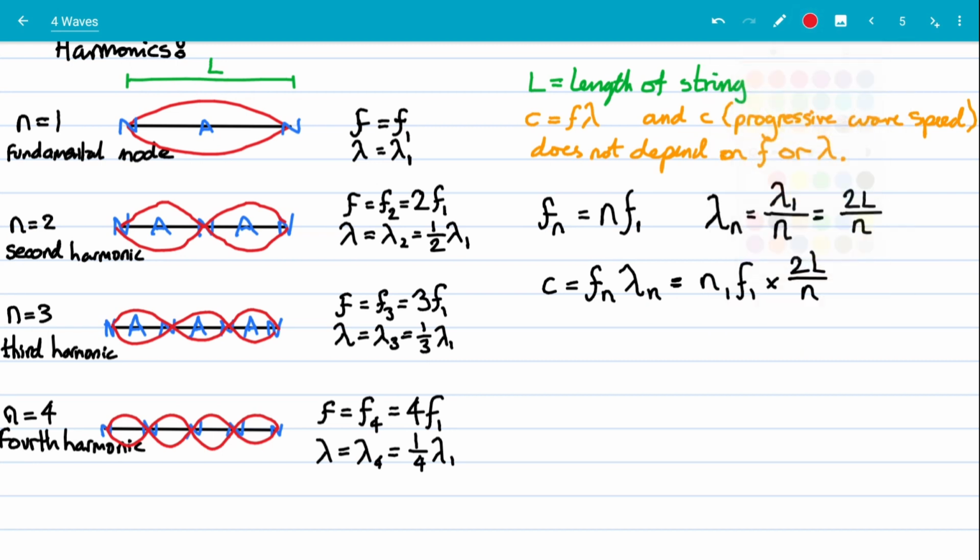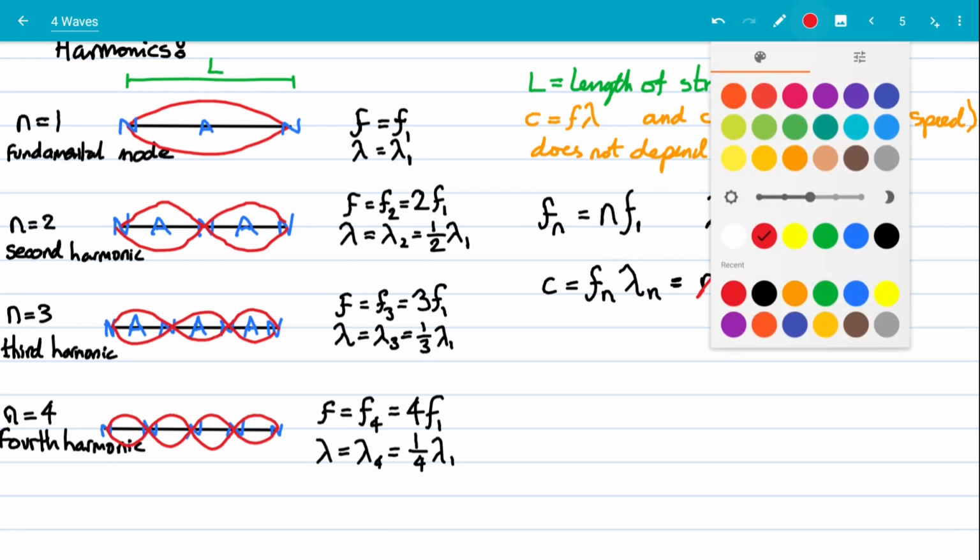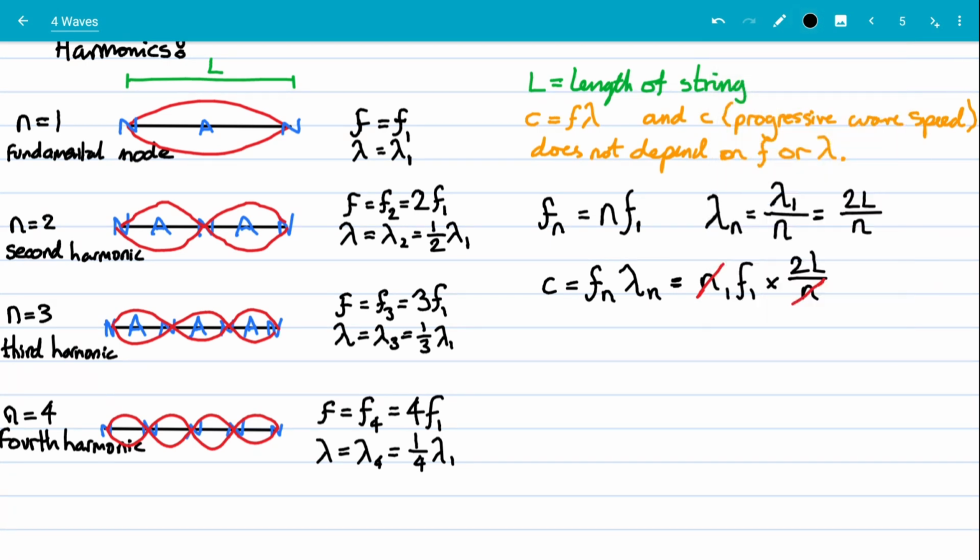So you can see that the wave speed does not depend on the harmonic number. But we can take it back a step and express the frequency of the nth harmonic in terms of the wave speed, n and L. Because c equals f lambda, f equals c over lambda, so f equals n over 2L multiplied by c.